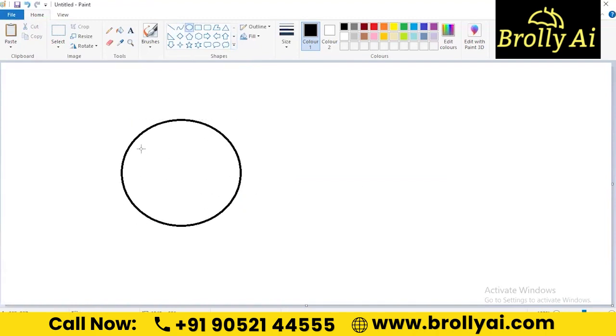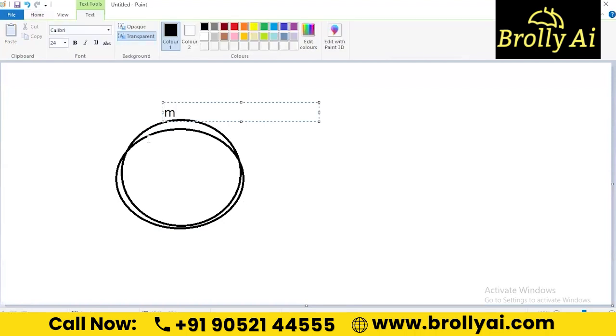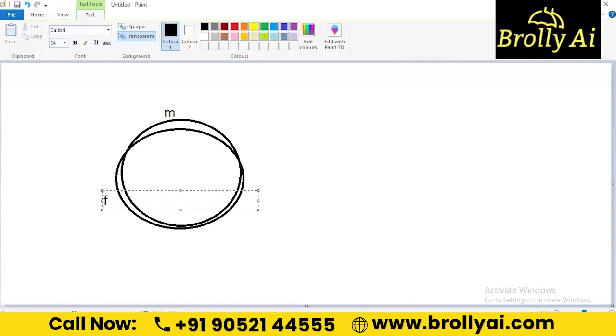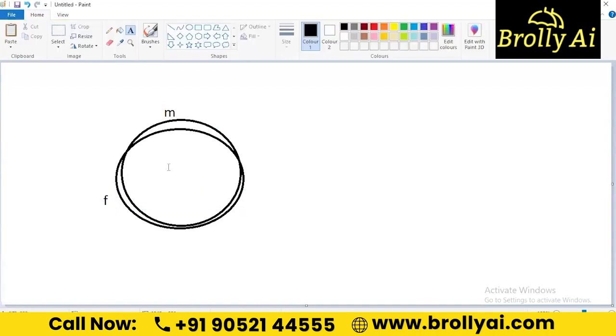Yes. If you treat this as 2 rabbits, think that one circle is for male rabbit features and the second circle is for female rabbit features. In this case, some 99% commonality is there.